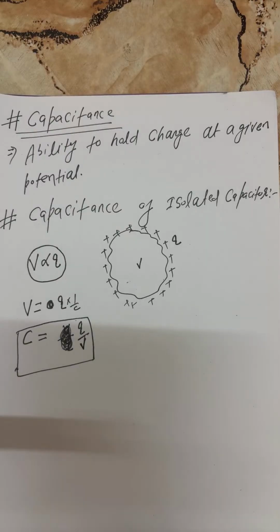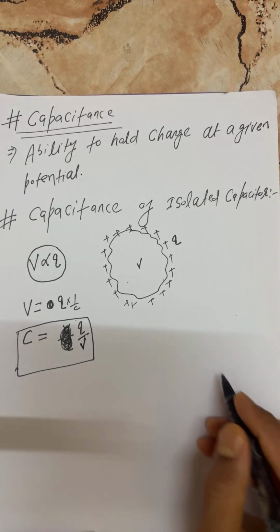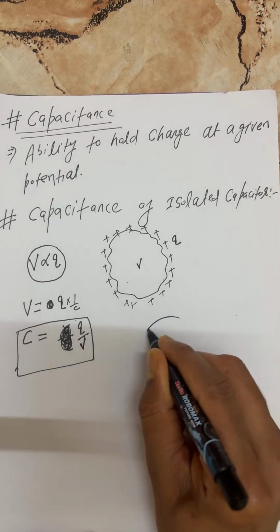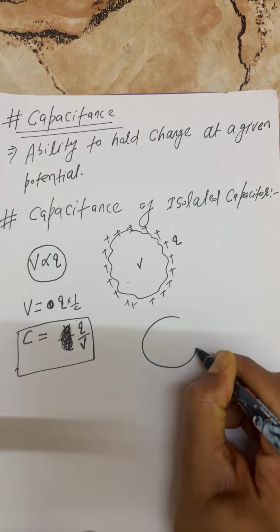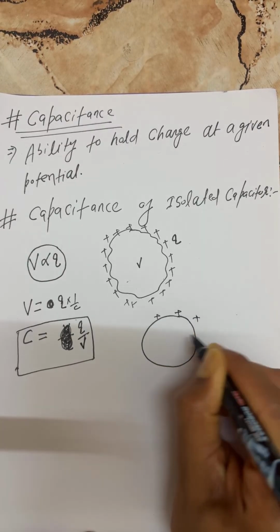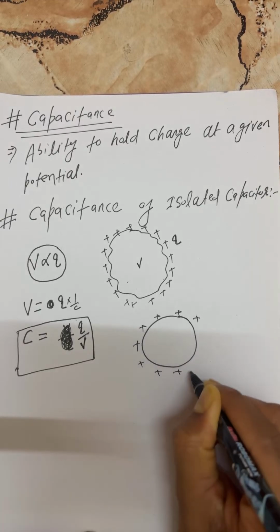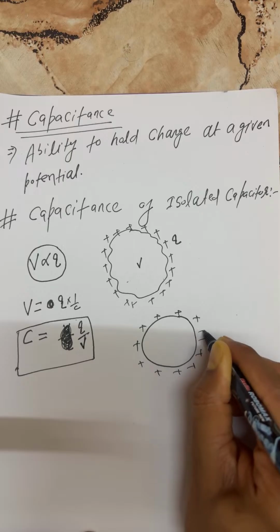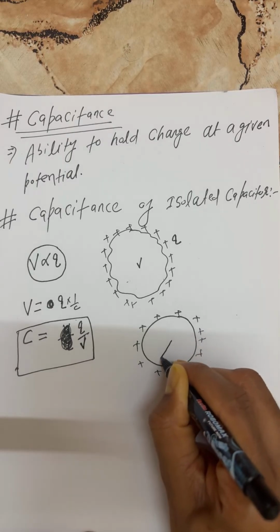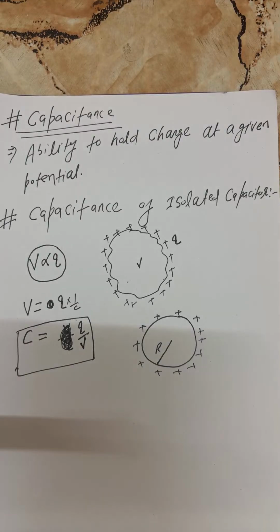How? Have a look here, because we remember everyone. What is a potential? Let us suppose we have a hollow conductor which is fully charged on the outer surface. As I said in the property of conductor, in most cases we get a conductor in a spherical shape.